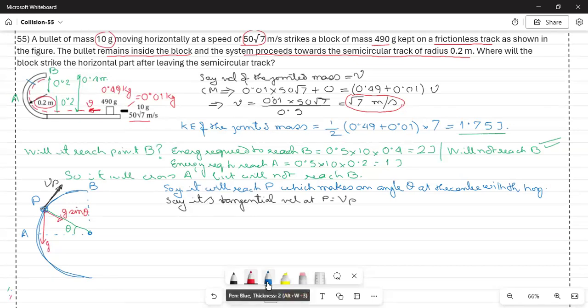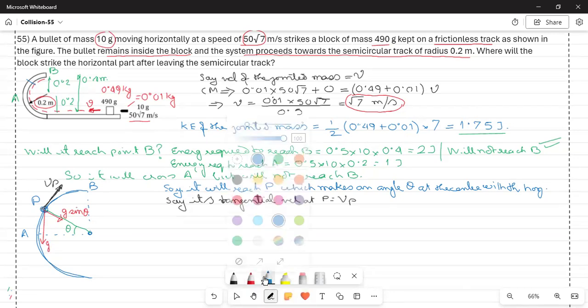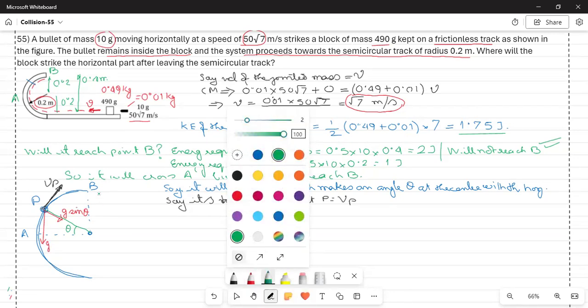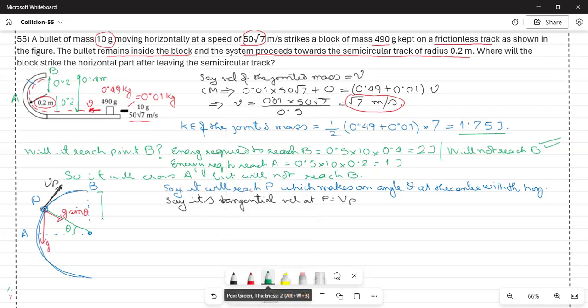Also, let us not forget that this distance is 0.2. Anyway, we do not need this distance 0.2 here.